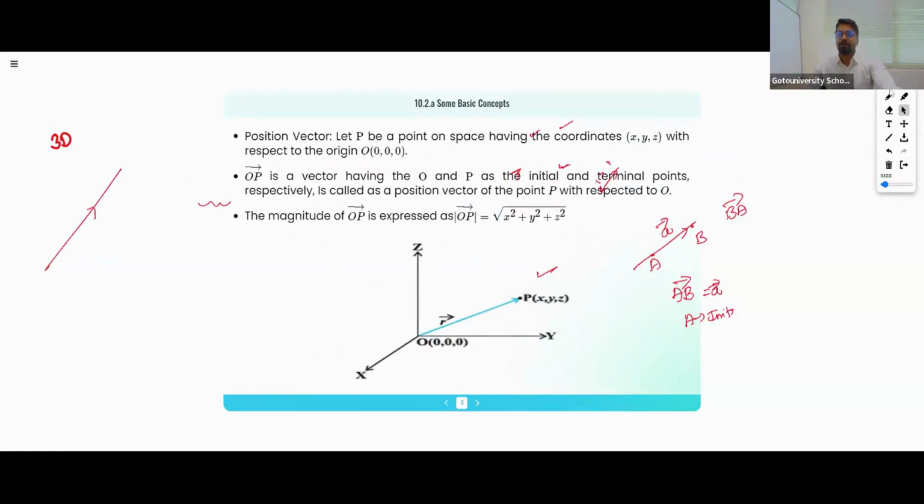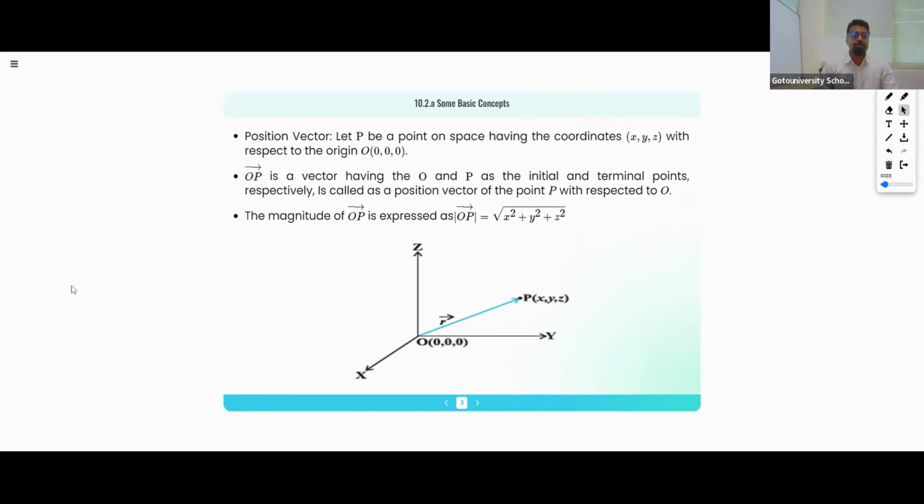Okay. Now, what is a position vector? Suppose you want to represent a point in a space. Space means we have three-dimensional axes, three-dimensional directions, right?